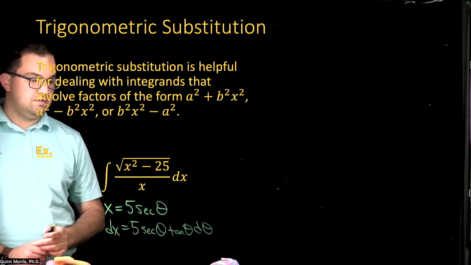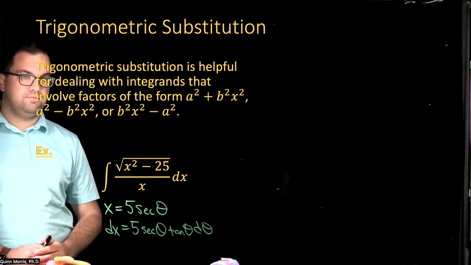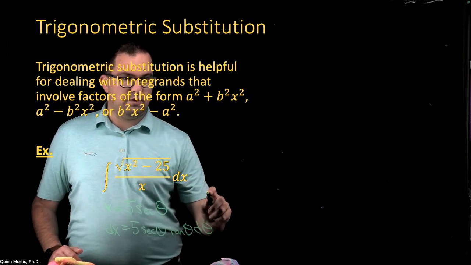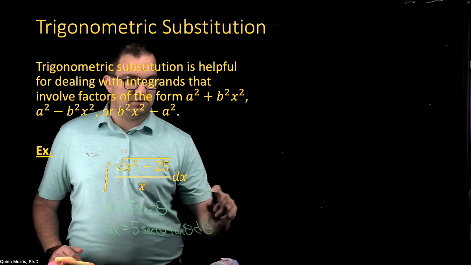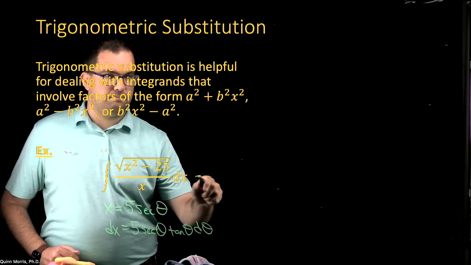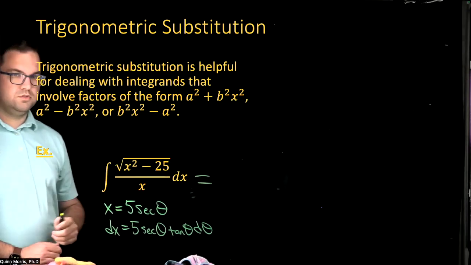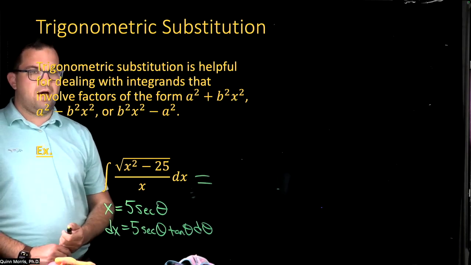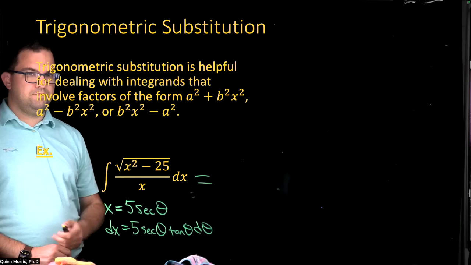Derivative of secant theta is secant theta tangent theta. And now I can transform this integral. So I'm now going to substitute everywhere I see x, I'm going to plug in 5 times secant of theta.